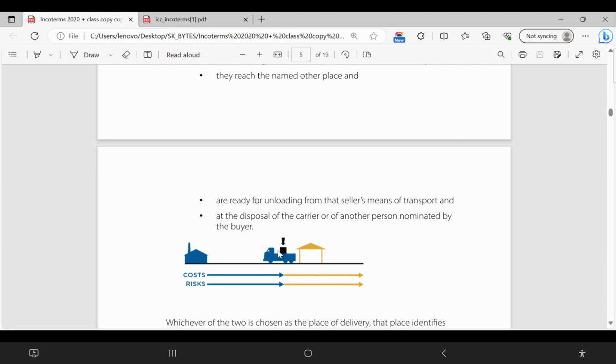That is why it's in blue color. So here they don't have to unload. They have to bring the goods, and they should arrive at this location. When they arrive at this location, delivery is said to have happened.